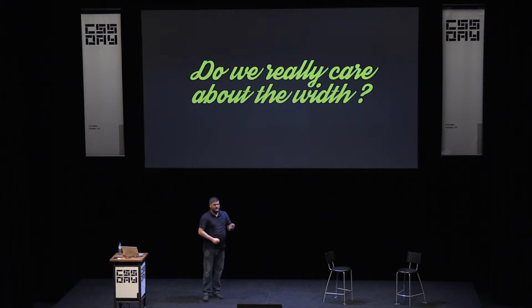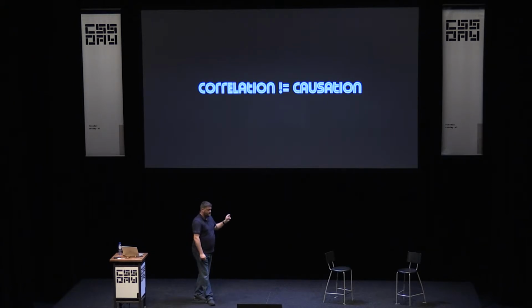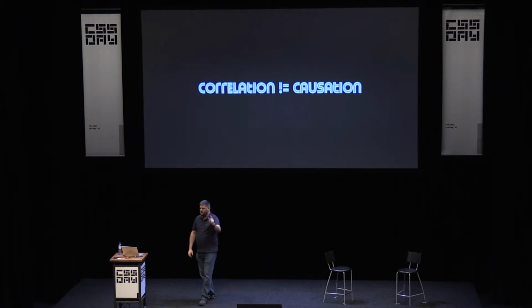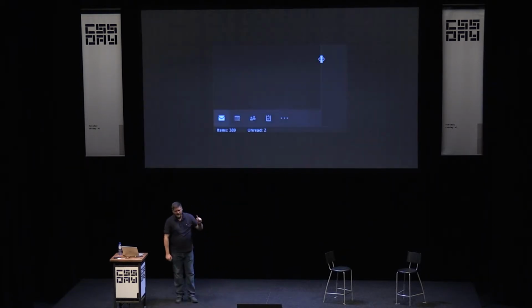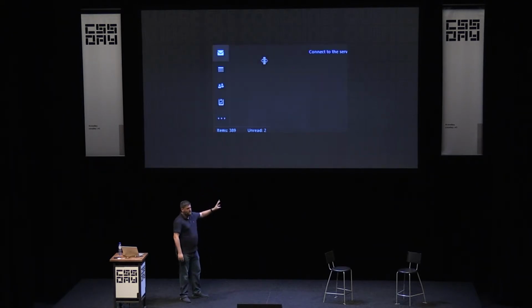So do we actually really care about the width? In many of the scenarios, I would posit that correlation does not equal causation. I'm sure there are some statisticians and mathematicians here thinking, wow, Greg, you're overloading that, but that's okay, because it makes my point. If we go back to this scenario, do we actually care about the width of the nav? No, we don't.